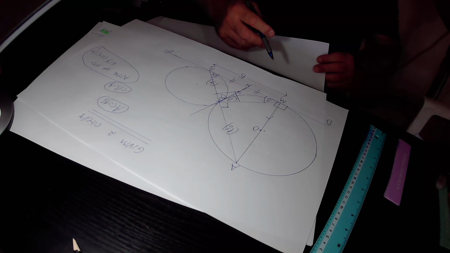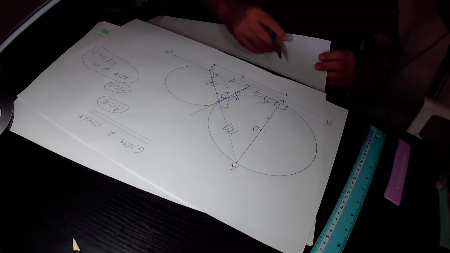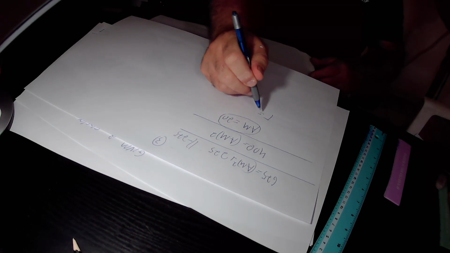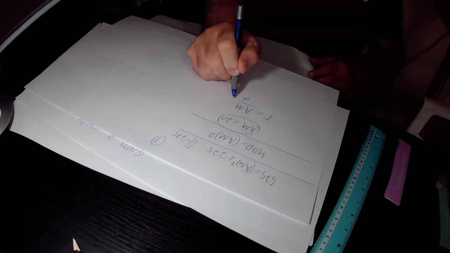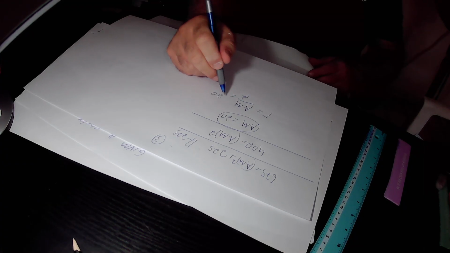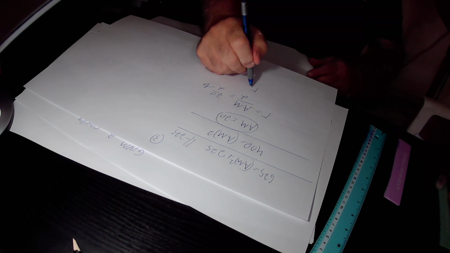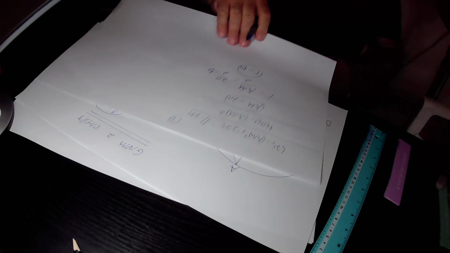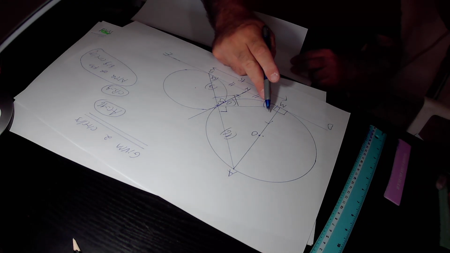If AM is the diameter, it means that the radius must be equal to half of it. So the radius R of the big circle must be equal to the diameter AM over 2. AM is 20, therefore the radius is 20 over 2, that is 10. So we found out that the radius of the big circle, R, equals 10 units in length.